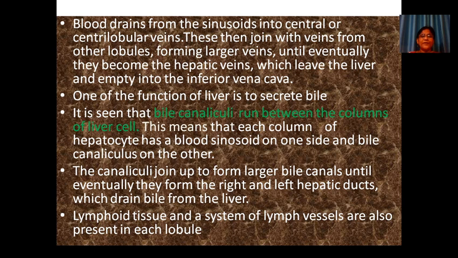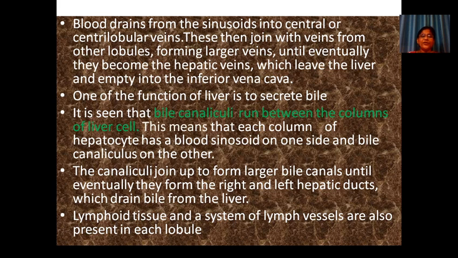One of the functions of the liver is to secrete bile. It is seen that bile canaliculi run between the columns of liver cells. This means that each column of hepatocytes has a blood sinusoid on one side and bile canaliculi on the other.